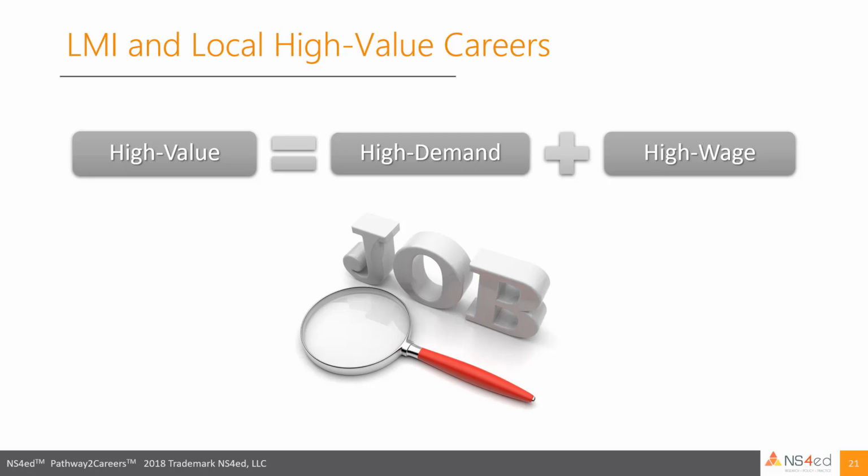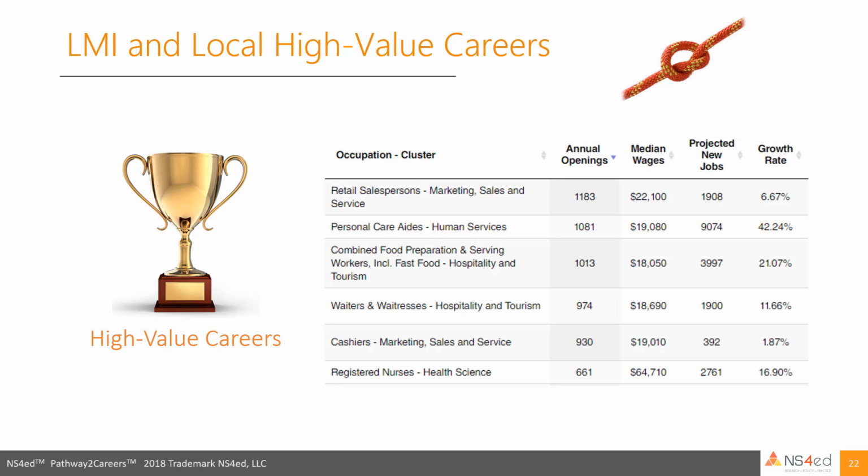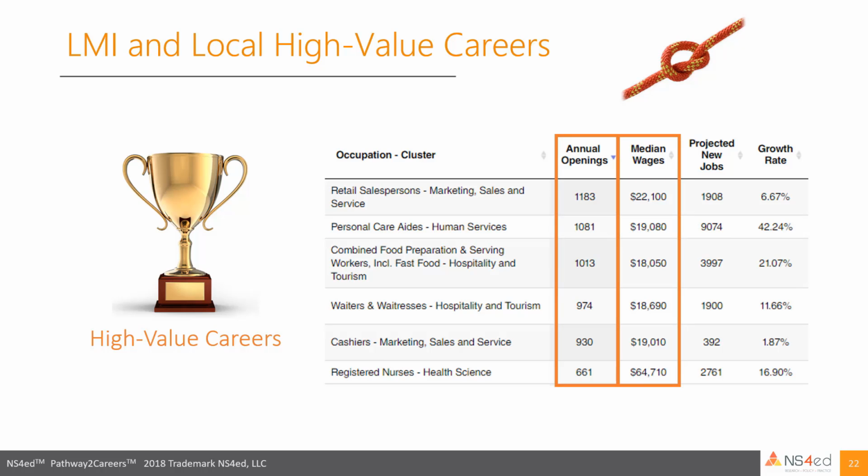Using this definition, careers can be identified that provide ample opportunity for employment, as well as wages that support quality of life goals. When we look at labor market information, the strongest indicator of demand is annual openings. The strongest indicator of wage is median wages.